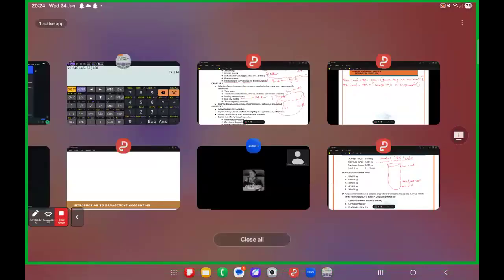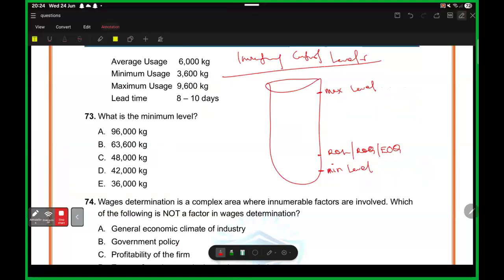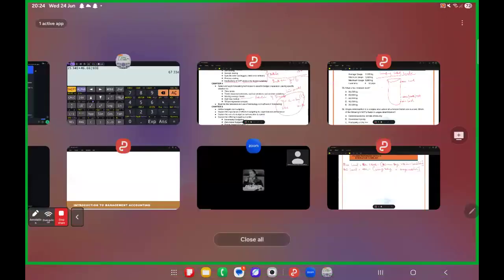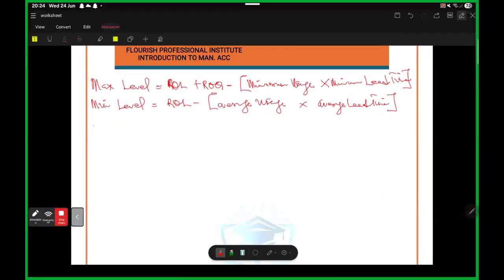Then let me look at it. I drew this. The economic order quantity, I've already explained that. We've even solved a question on it. Okay, let me teach you how to calculate the reorder level.